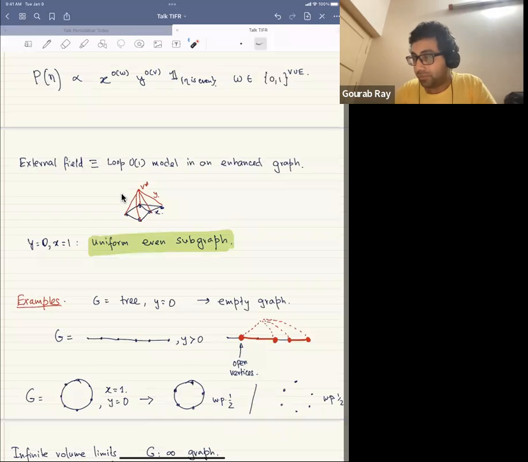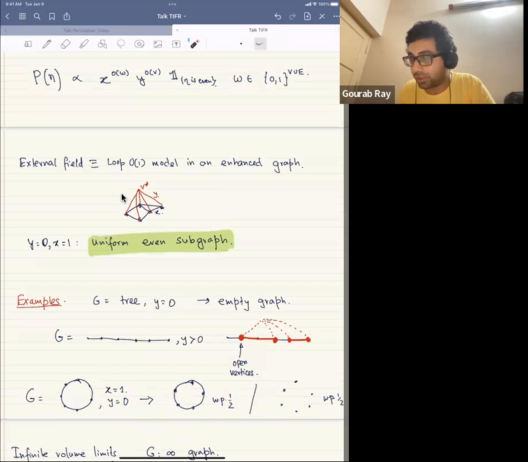Okay, now let's look at the case when y is positive, and you're still on a tree. I took this segment example because it's just easier to draw, but it's essentially the same. If y is positive, then there is some probability that you're connected to this ghost vertex, if you want, or the vertices are open. In this case, you are going to get some collection of finite segments which are open, with the open vertices on their endpoints.